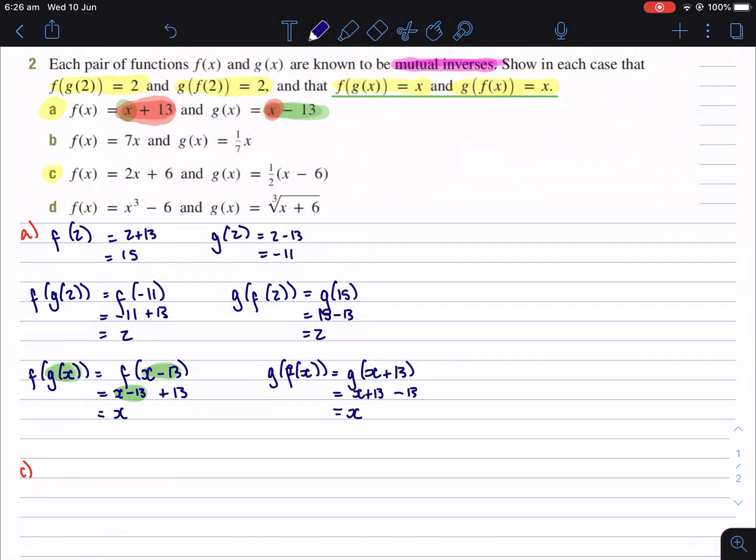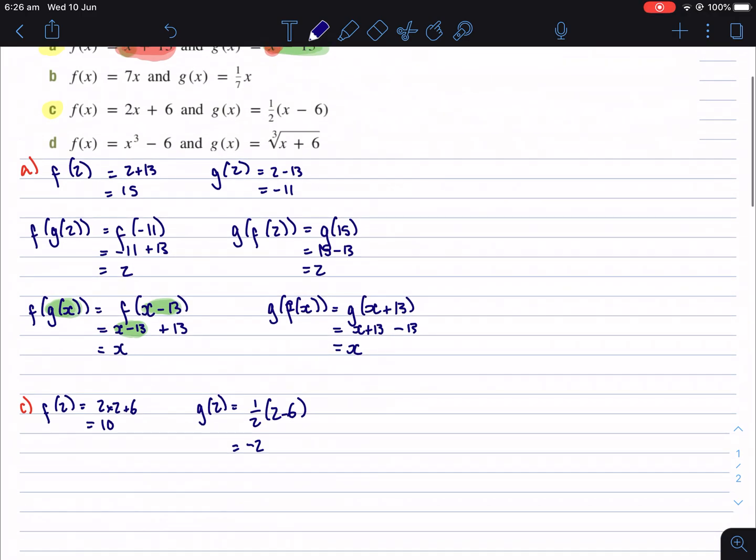So this time we've got 2x plus 6 and we've got half outside of x takes 6. So f of 2 is going to be 2 times 2 plus 6, so it's 10. g of 2 is half times 2 takes 6, which is 2 takes 6 is negative 4, half of that, negative 2.